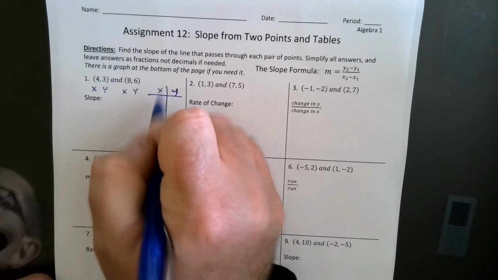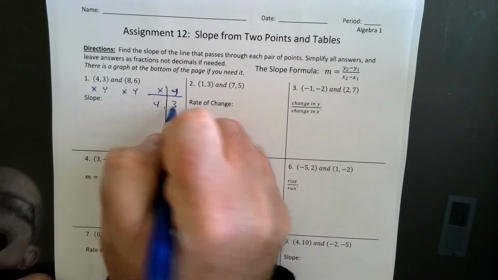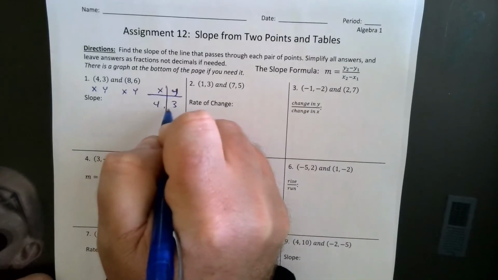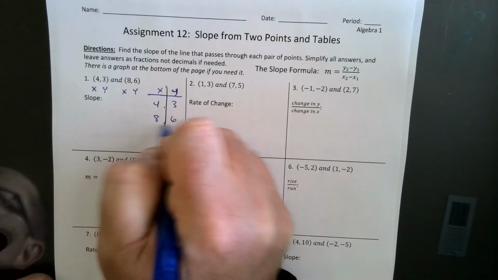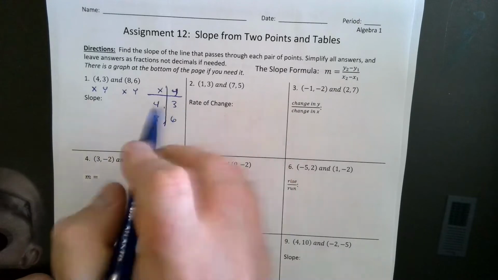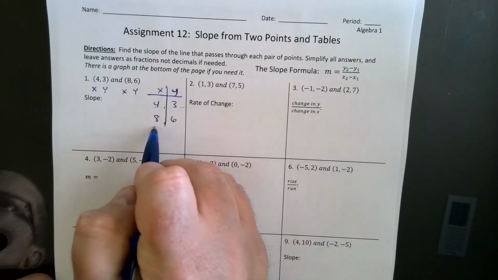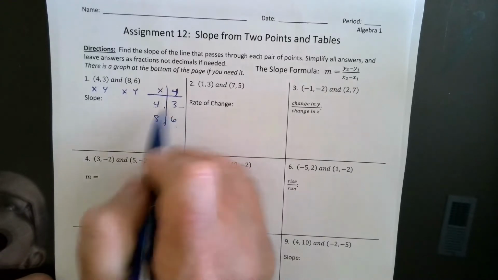Make sure you put the x's under the x. So it's 4, 3. That's your first ordered pair. And then your second ordered pair would be 8, 6. Okay? Don't write 4, 3 down and then 8, 6 down this way. 4, 3 across, 8, 6 across. Okay, put your x's where they go, put the y's where they go. So just make a little table.